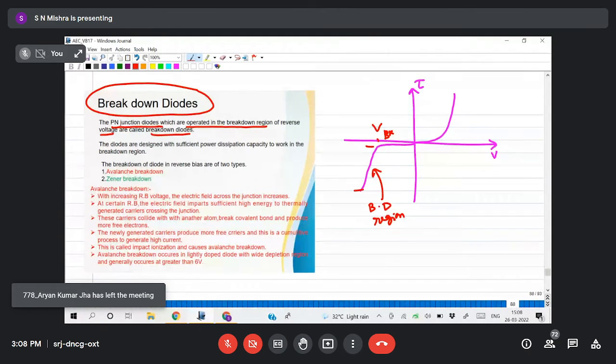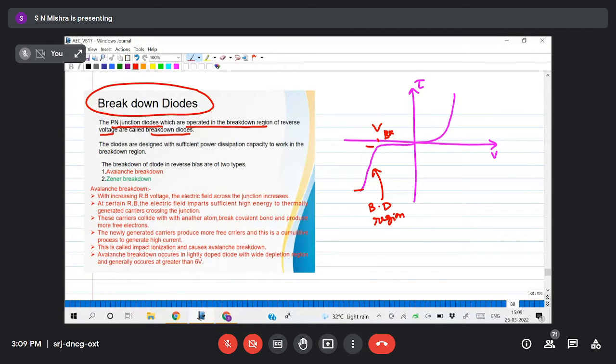These diodes will operate in reverse bias even in the breakdown region. Even if a high amount of current flows through them, they will not burn or break. So those diodes are called breakdown diodes. What is the use? We'll see.